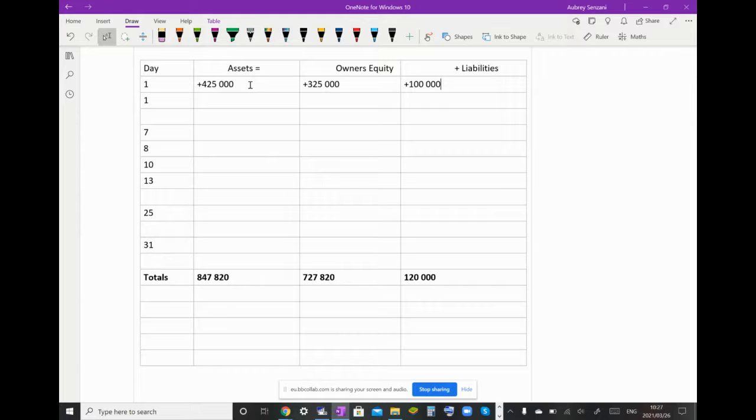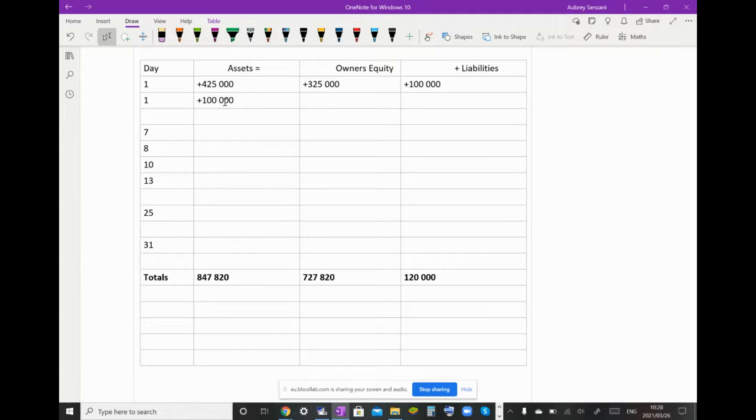Okay, bank and capital, so we can start with that. Bank is an asset. So what are we going to do under assets? Plus, because assets are increasing. How much? 100,000. Yes, he wrote a check for 100,000.